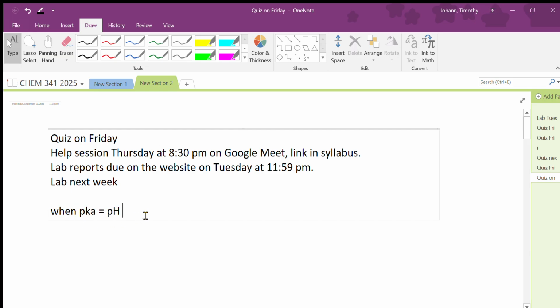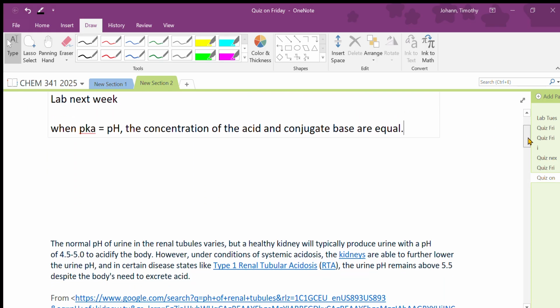The concentration of the acid is equal to the concentration of its conjugate base. Okay, so that's really an important thing that we're going to use in solving problems quickly.